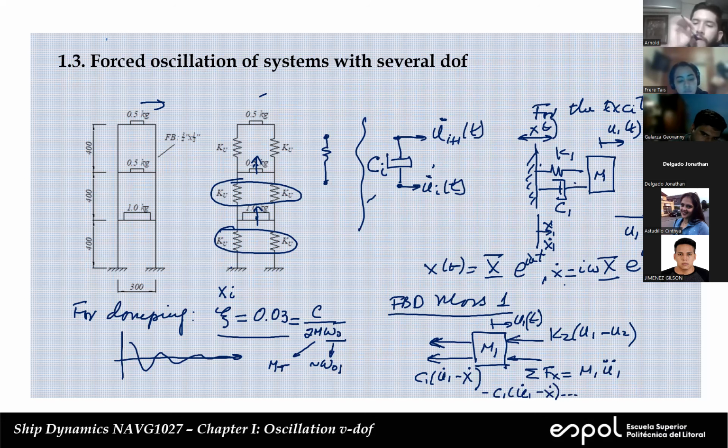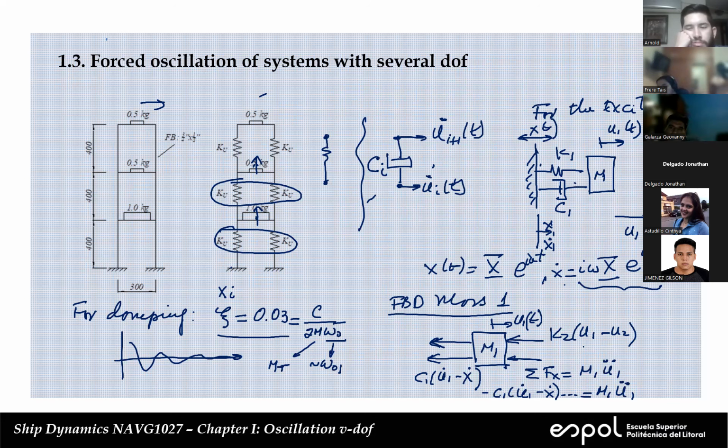In this case, you're going to have 3 more terms. And this is going to be equal to M1 U1 double dot. So you're going to have this C1, this term, you know it, times X dot, and these terms, you also know. Since you know that term, you put it on one side.